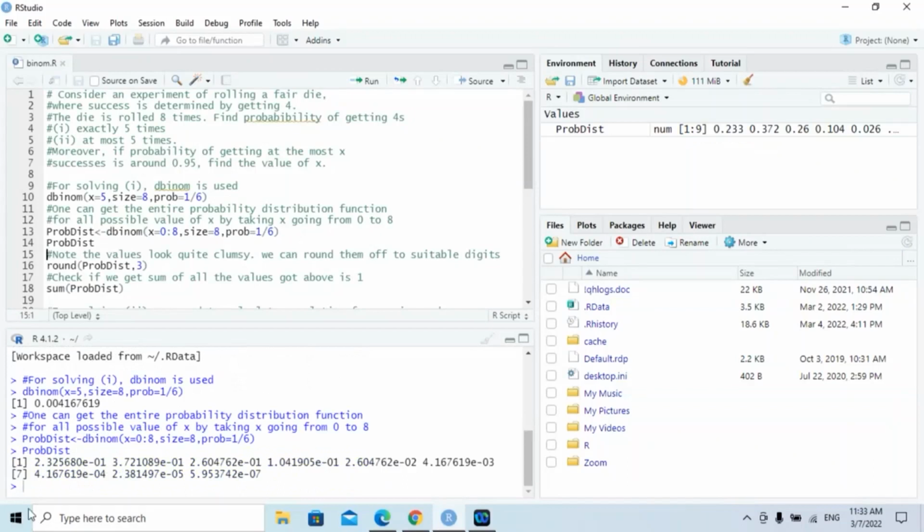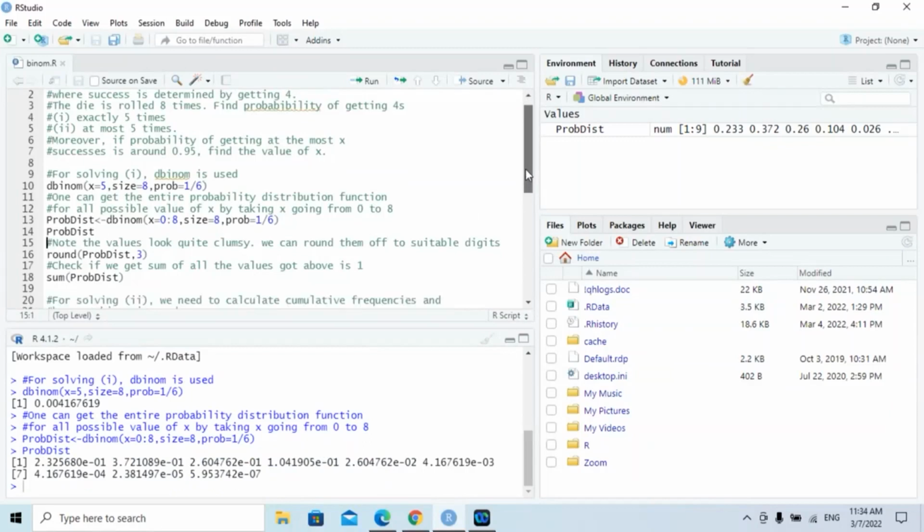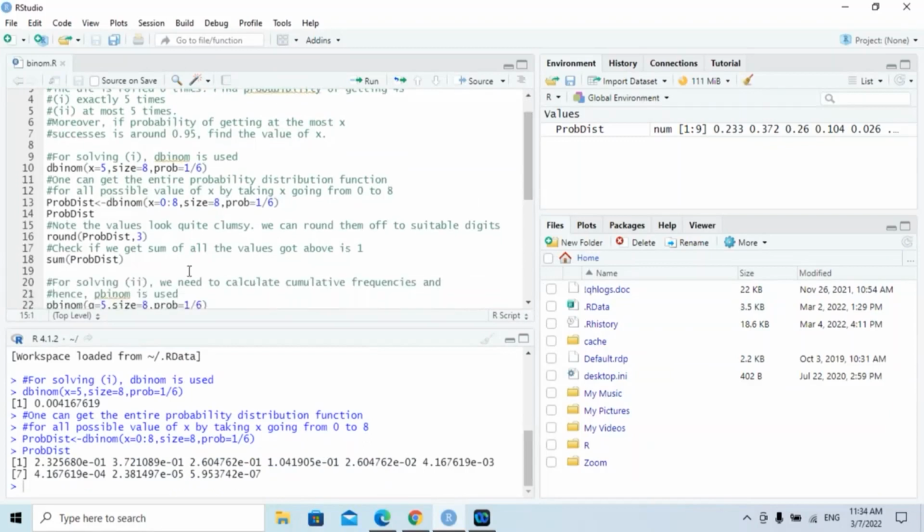Here, if you check, we got 9 different values. This e raised to minus 0, 1 means we need to multiply by 1 by 10 or something like that. So that's how we need to read these commands, and let us check whether this is right.